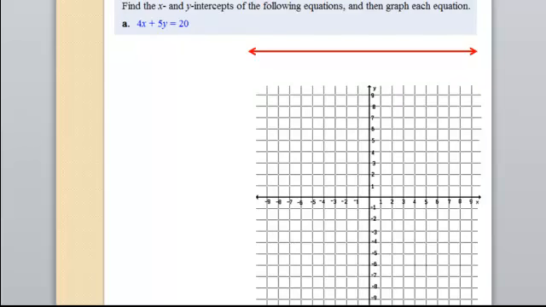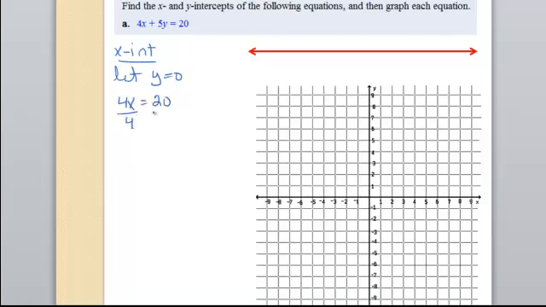Let's put this to use. Let's go ahead and find the x and y intercepts and then draw the graph of this line. Okay, to find the x-intercept, remember you always let y equal 0. Well, if y is 0, this whole term goes away because 5 times 0 is 0. So you end up with 4x equals 20.